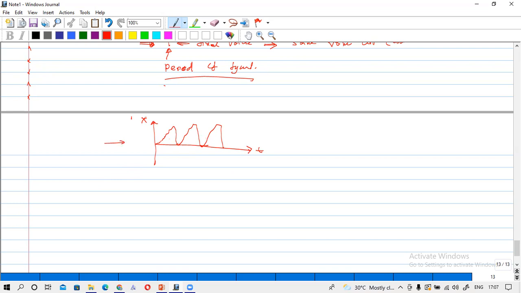You can see the signal is repeating. This voltage will repeat after some time, and then again repeat after some time.